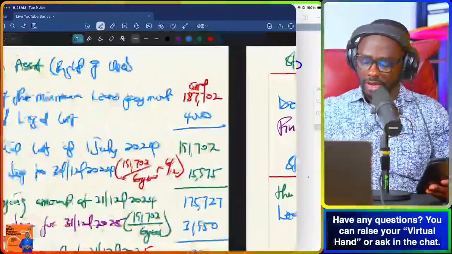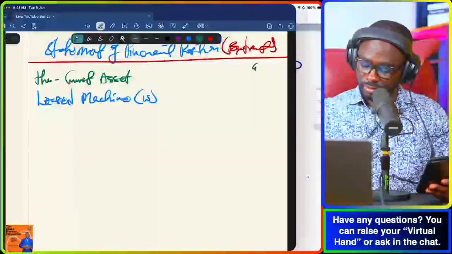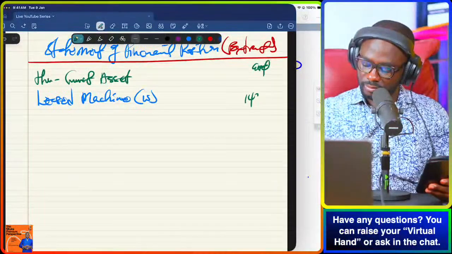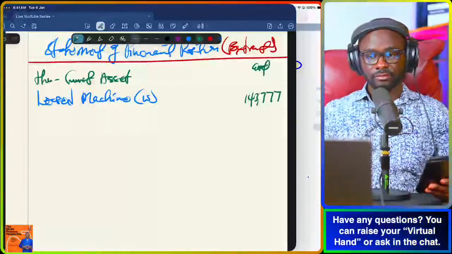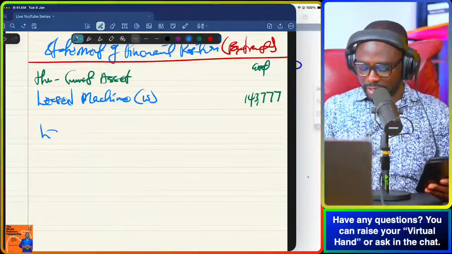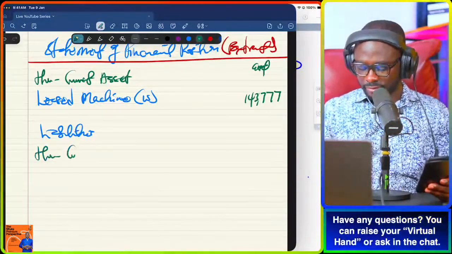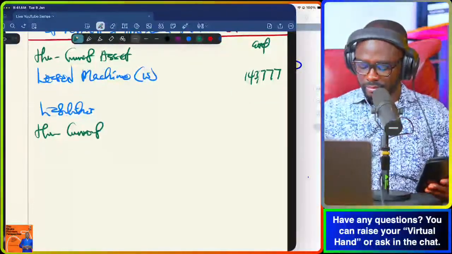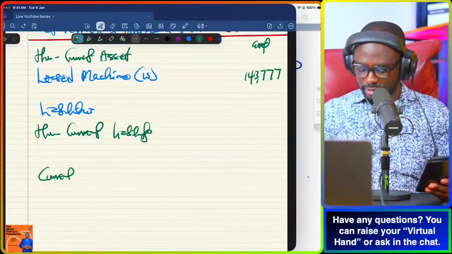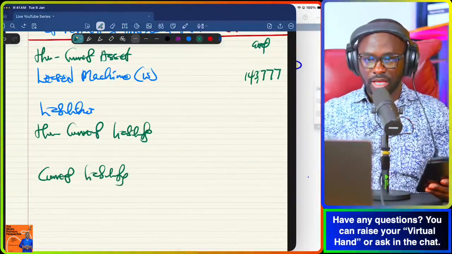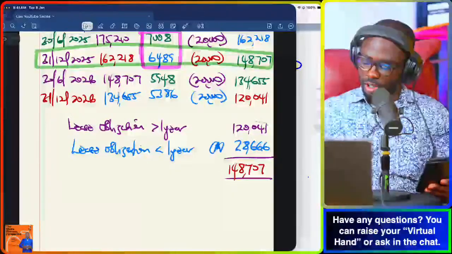And that's where the carrying amount will come, 143,777. Then under liabilities, we'll have non-current liabilities. Then we'll have current liability. And that is where the lease obligation split we did will come to play.